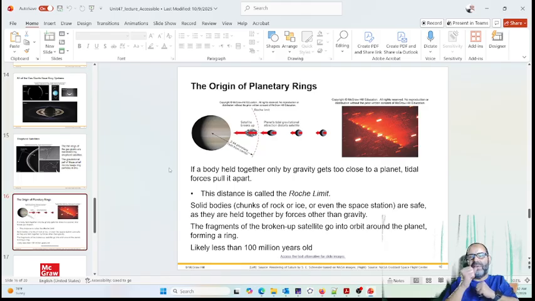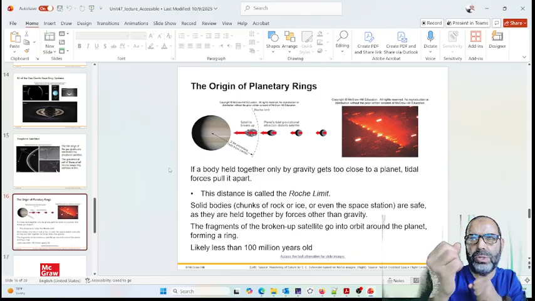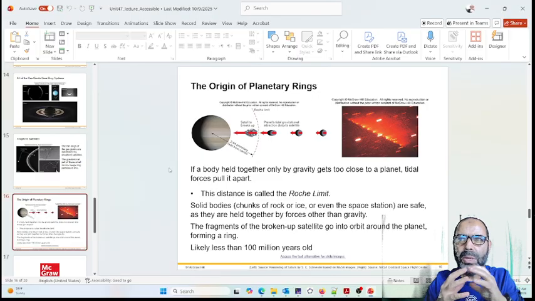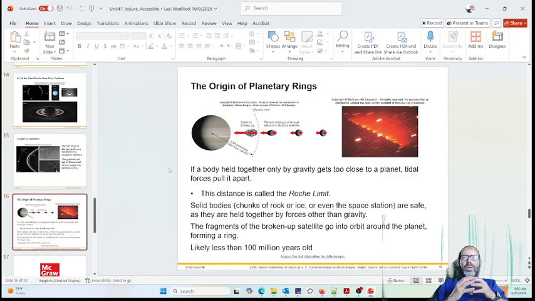Remember, the force of gravity is inversely proportional to the distance. So imagine with me you have a planet like Jupiter. It's a huge planet pulling on every single object, and you put a moon next to it. That moon has a finite size. It has a radius.